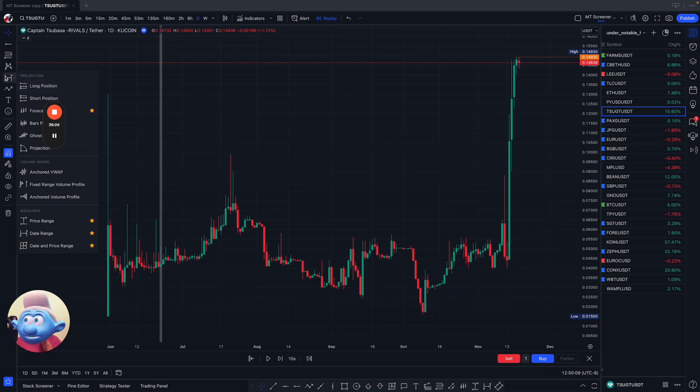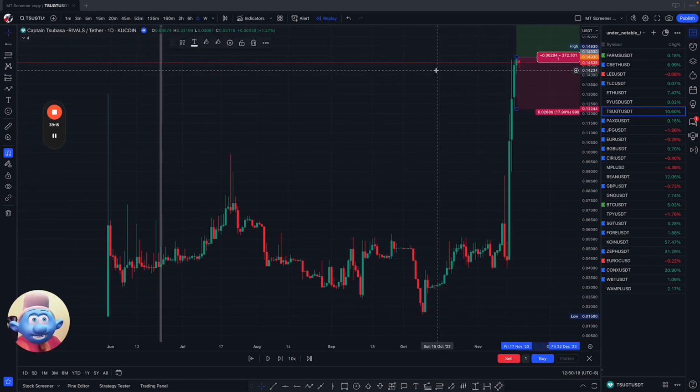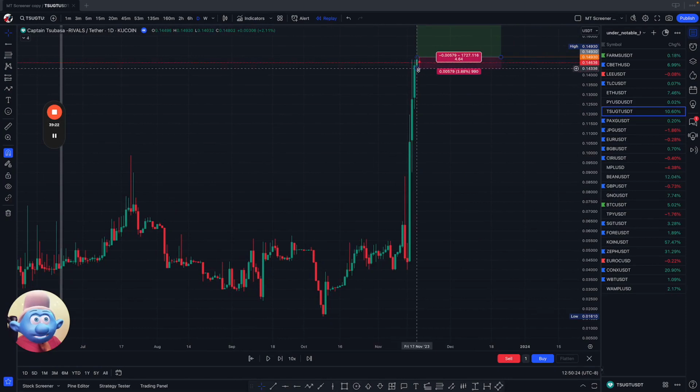On this projection drawing tool right there, I would use the long position. I set my entry, just clicking where I want my entry to be, at the high. Then I can drag my stop to where the low of this red candle would be.